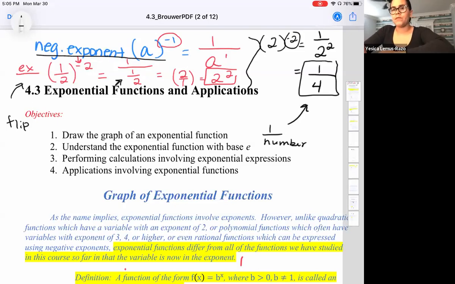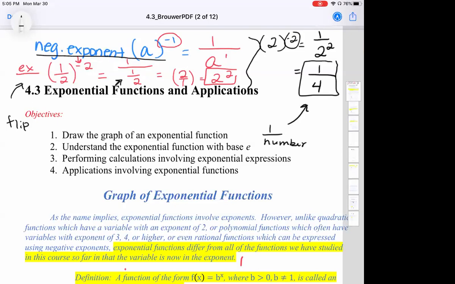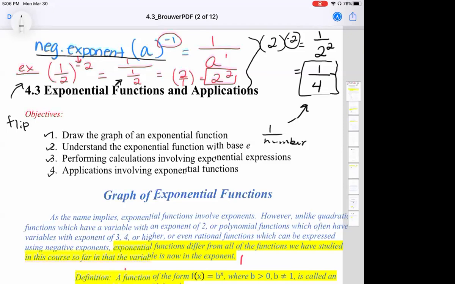Okay, let's continue with 4.3 exponential functions and applications. So we have 4 objectives. The first one says to draw the graph of an exponential function, to understand the exponential function with a base e, perform calculations involving exponential expressions, and applications involving exponential functions.